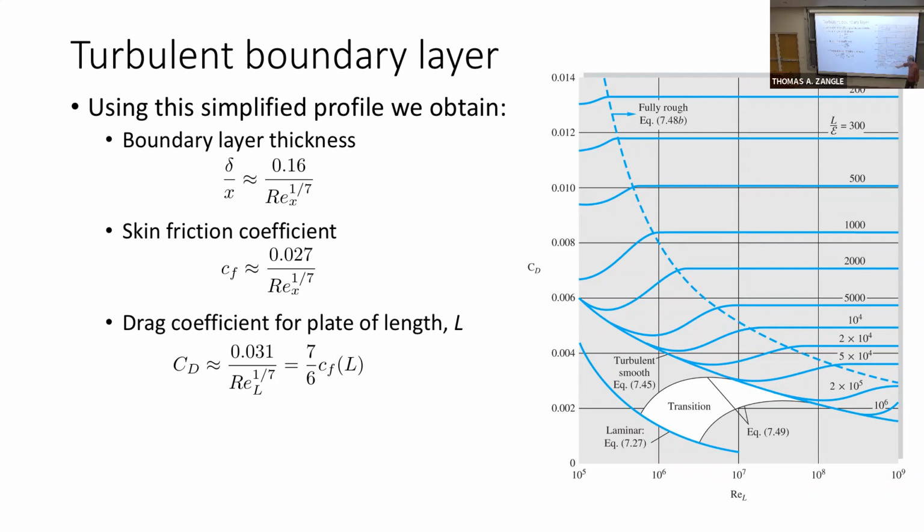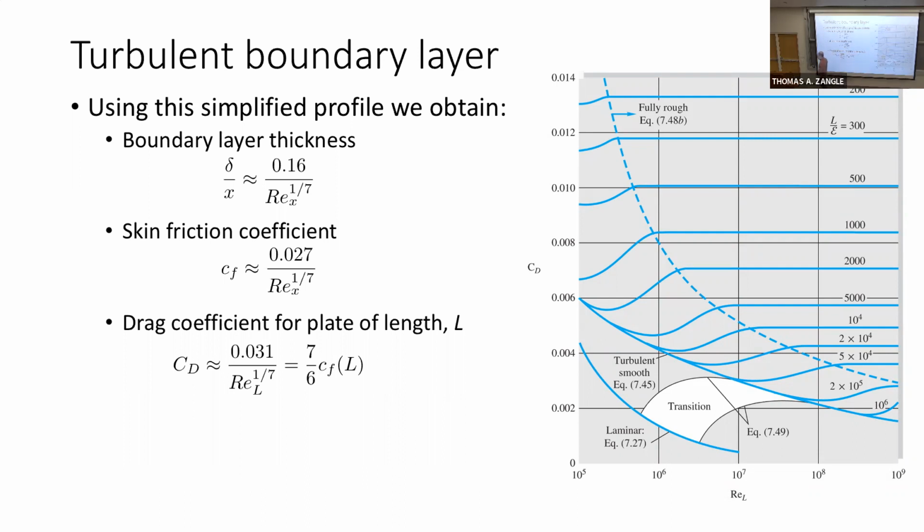We have one curve here for laminar flow over a flat plate. This comes from the Blasius exact solution. And then for example, this curve is what we just discussed, describing the coefficient of drag for turbulent boundary layer over a smooth flat plate.